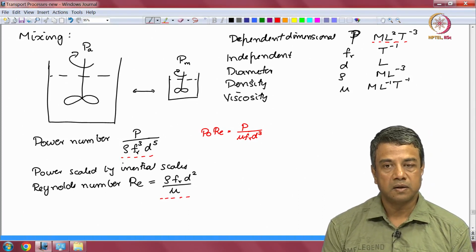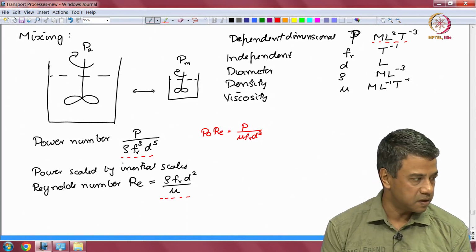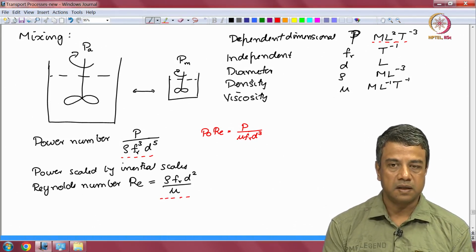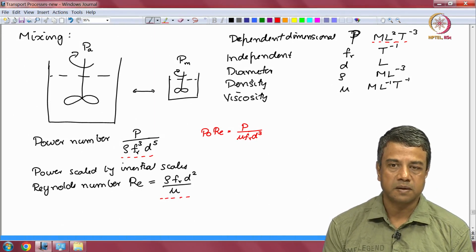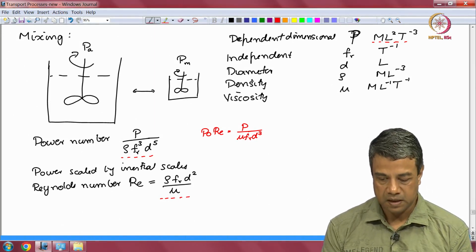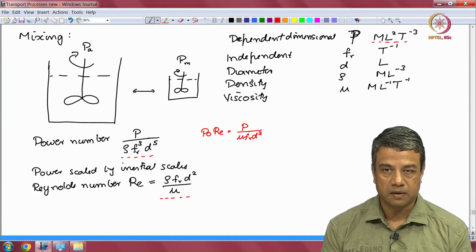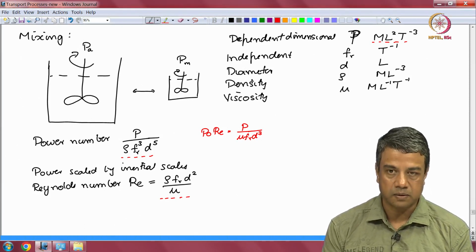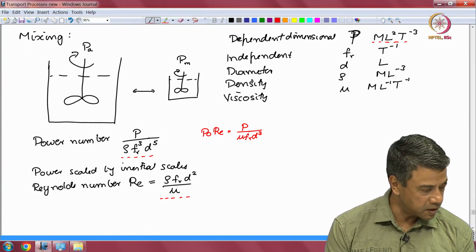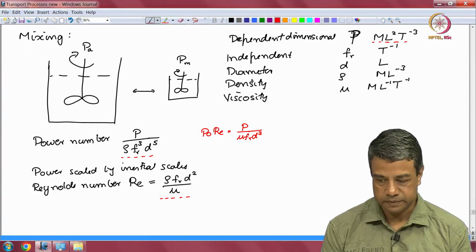If you make the relevant dimensionless groups a constant, then the power number of the actual reactor will be the same as the power number of the model reactor. The power will not be the same. You cannot relate dimensional quantities. It is the power number that will be the same between the model reactor and the actual reactor.